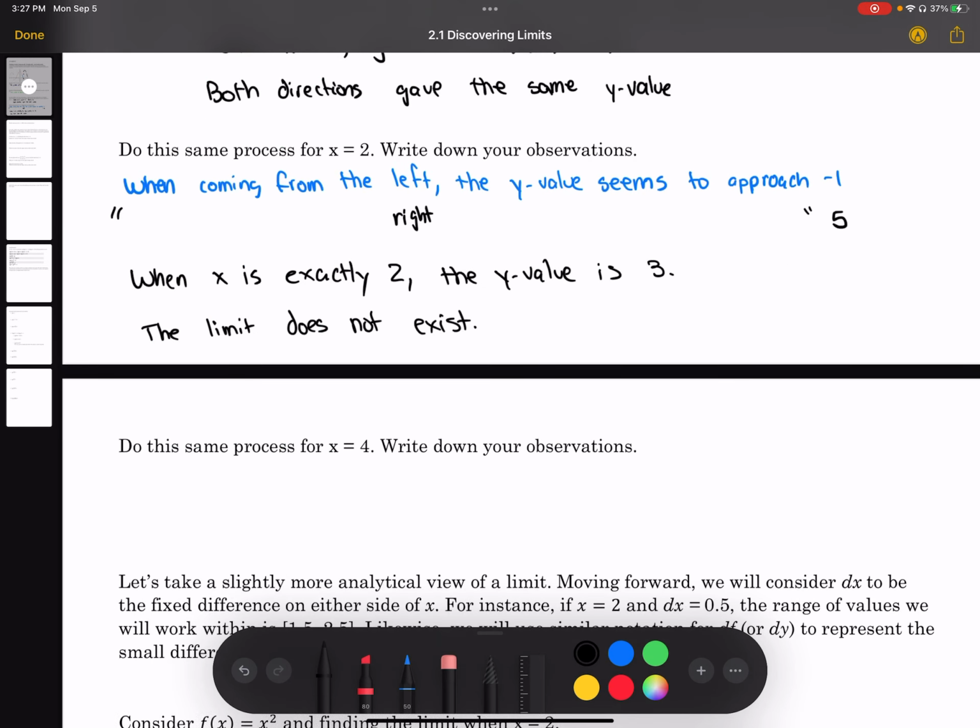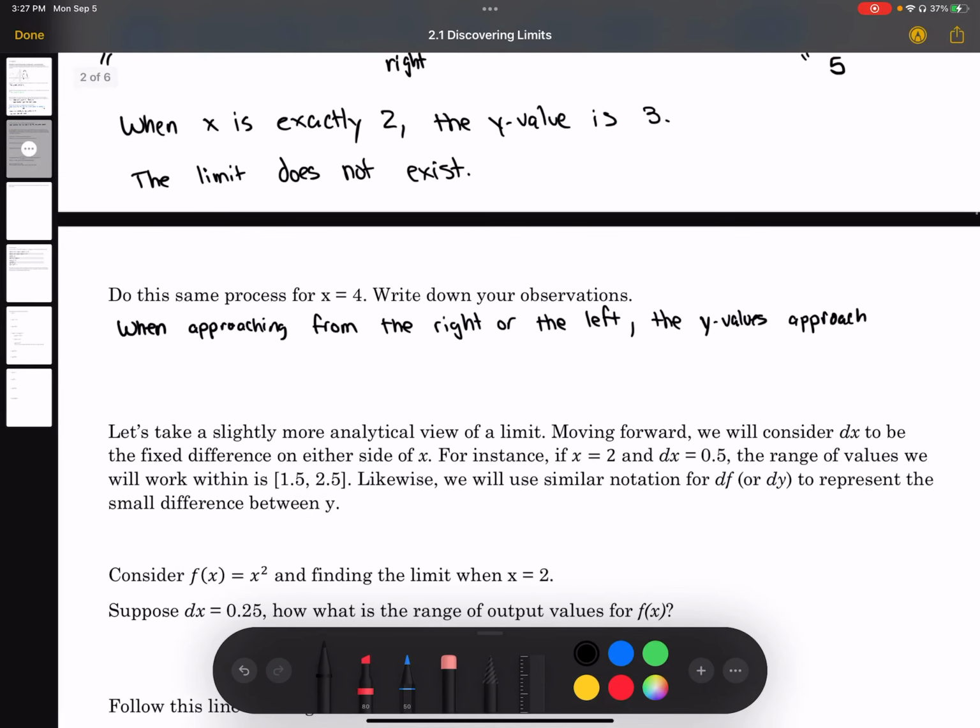So we can say when approaching from the right or the left, the y values approach, I can't remember the value actually. Let's go back and look at the graph again. The y values approach 2.